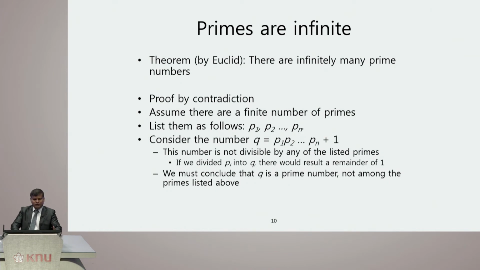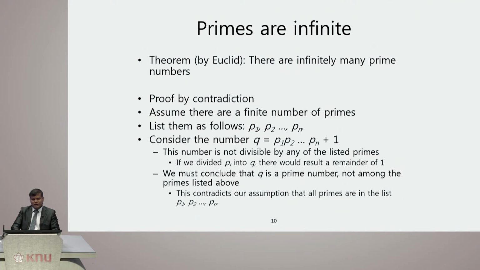So we have to conclude that q is a prime number, because q cannot be divided by any of the numbers that are in the list. So this contradicts our assumption that all primes are in the list. Initially, that is our starting point.